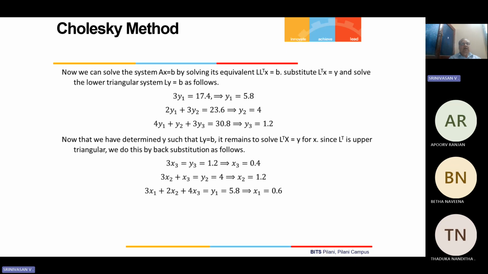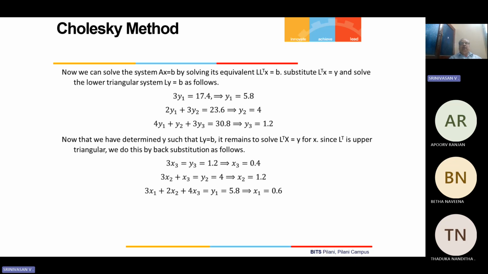So 3y1 is 17.4, which means y1 equals 5.8. Then 2y1 plus 3y2 is equal to 23.6, where y1 is 5.8, so 2y1 is 11.6, and 3y2 is 12, which means y2 is equal to 4.